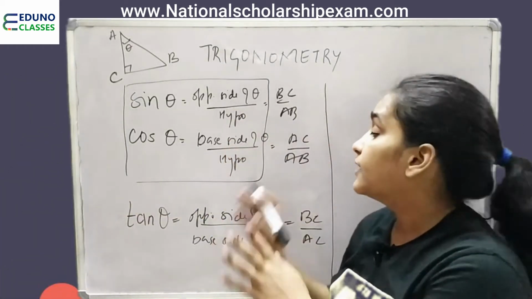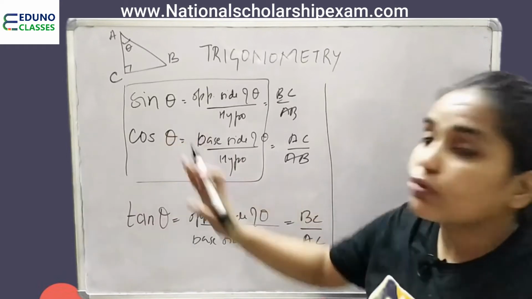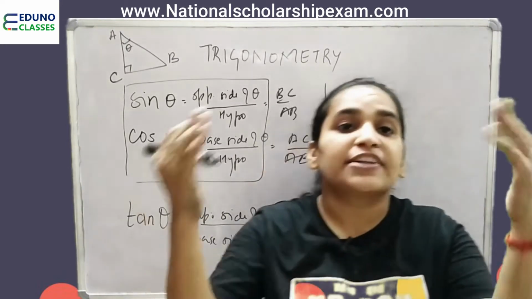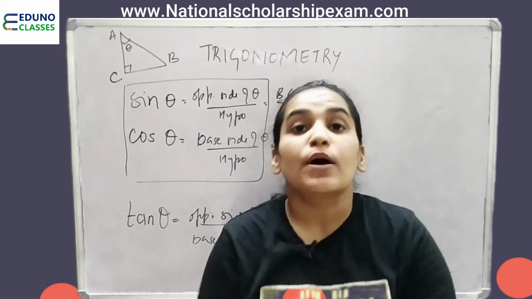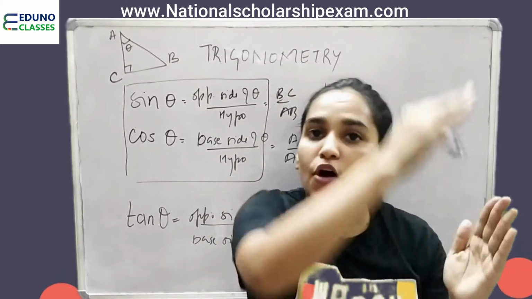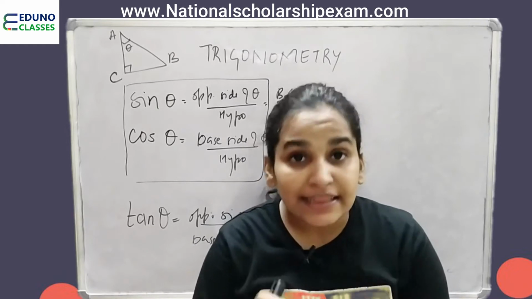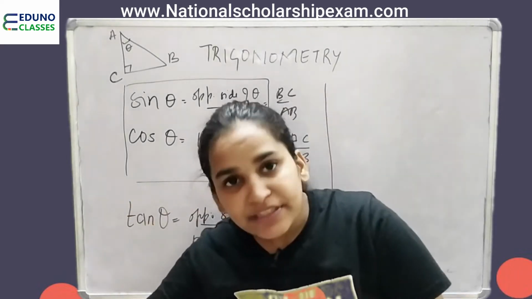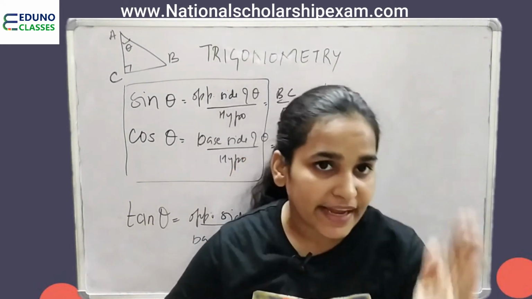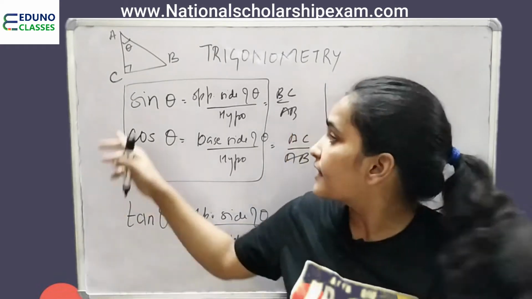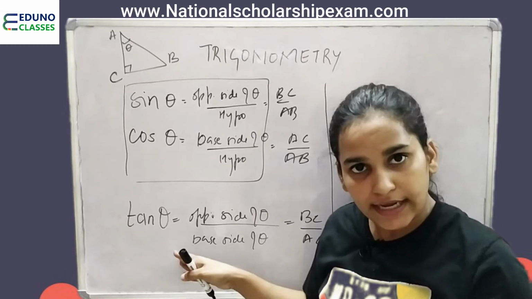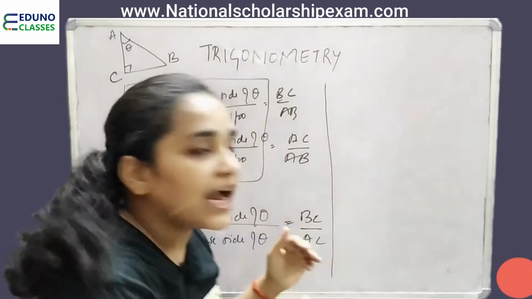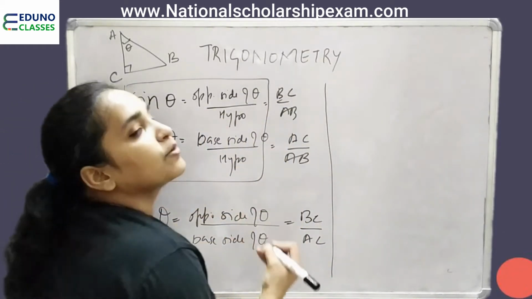Remember these three: sin theta is equal to the opposite side of theta upon hypotenuse. Cos theta is equal to the base side of theta upon hypotenuse. Tan theta is equal to the opposite side of theta upon the base side of theta. Here there is involvement of hypotenuse, here it is not. Now we are left with the other three trigonometric ratios.